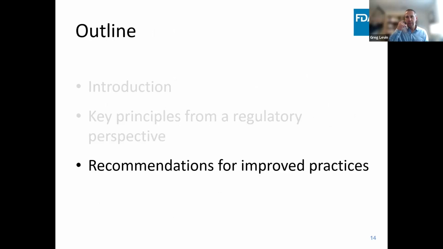So that's my overall snapshot of core principles emphasized in FDA guidance. Again, those are elaborated in more detail in the actual guidance document. And I'm going to shift to a few recommendations for areas where I see some potential for improved practices or other changes in the adaptive design space.